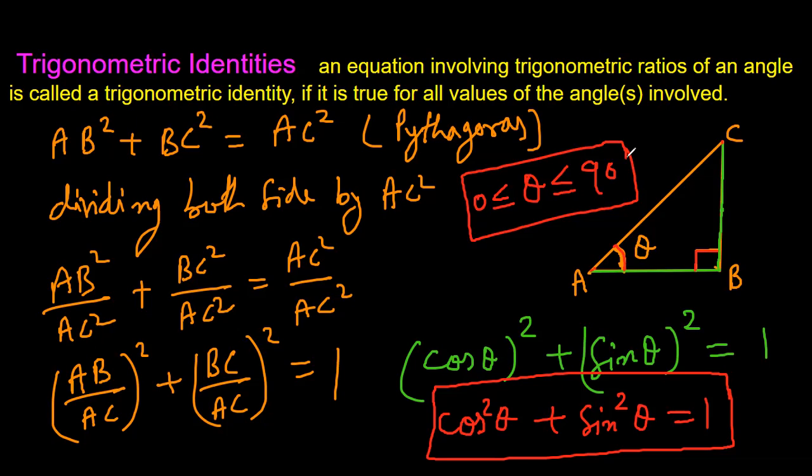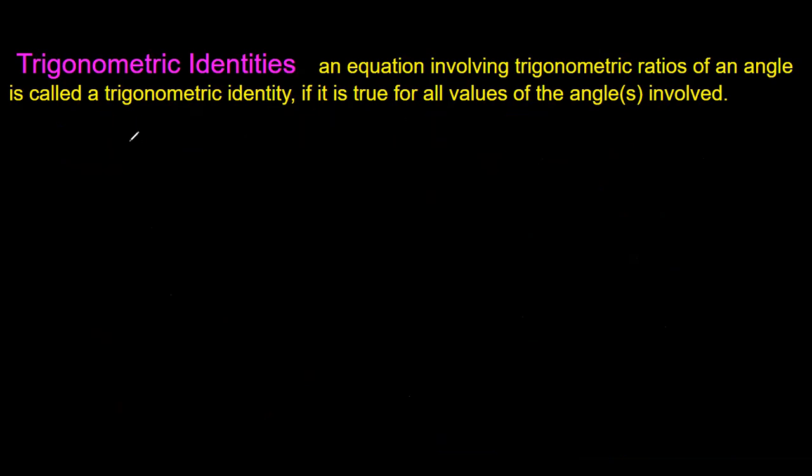So the first identity that we derived with the help of Pythagoras theorem is sin square theta plus cos square theta is equal to 1. This identity can be written in a couple of more ways.